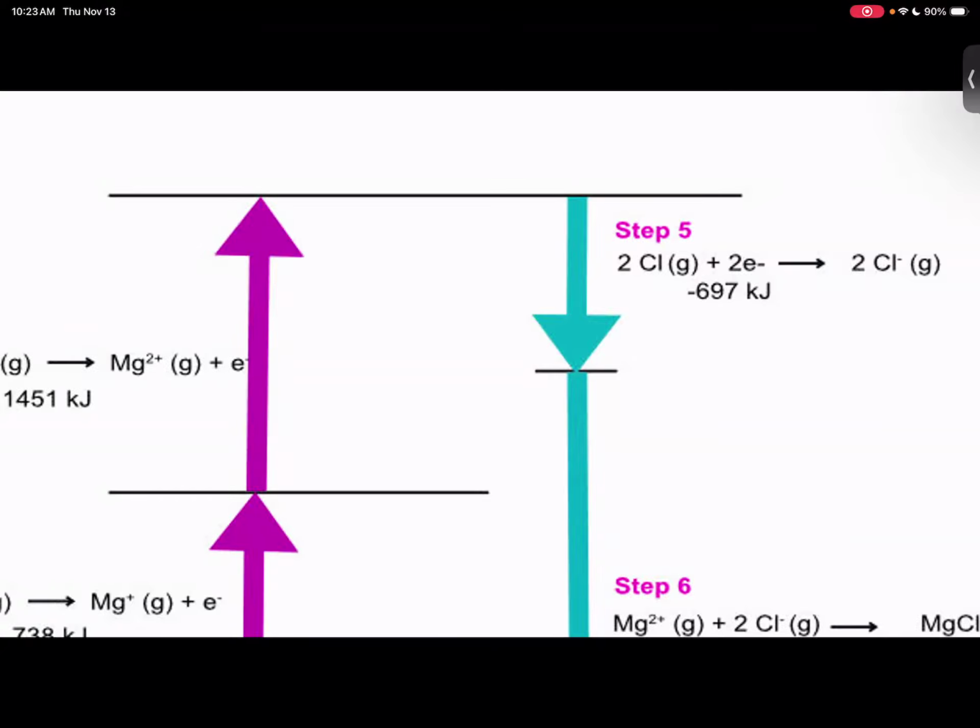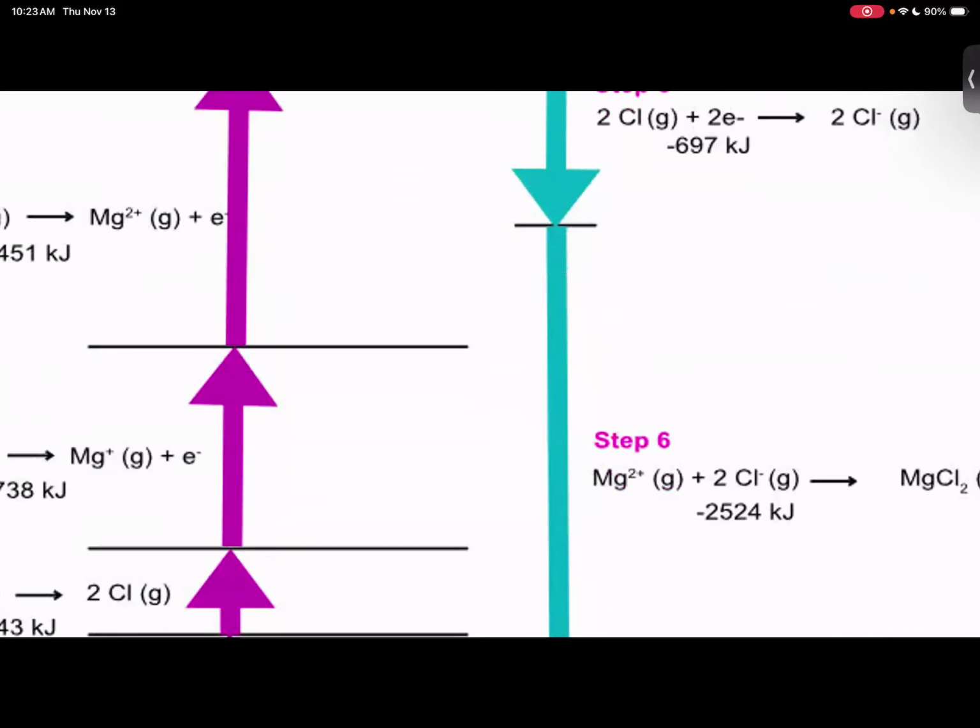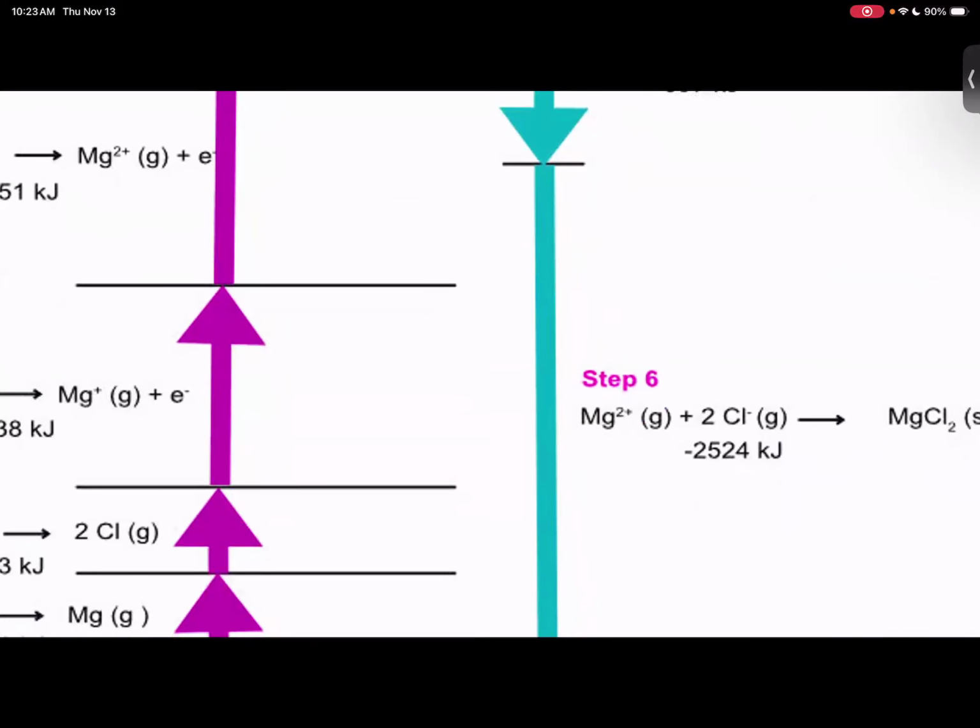The only reason the ionic compound forms is the lattice energy. And when we take magnesium cation and we add chloride anion to make magnesium chloride, the lattice energy is a negative 2,524. Compare that to the 788 with sodium chloride.